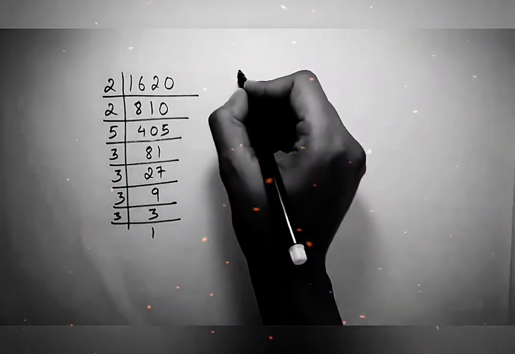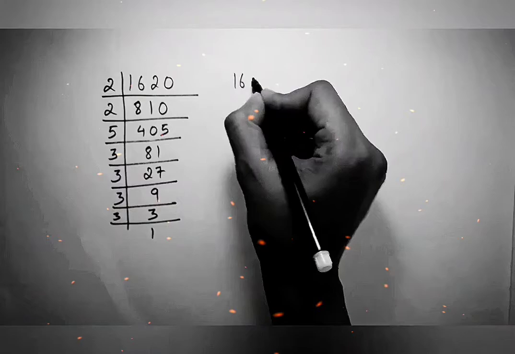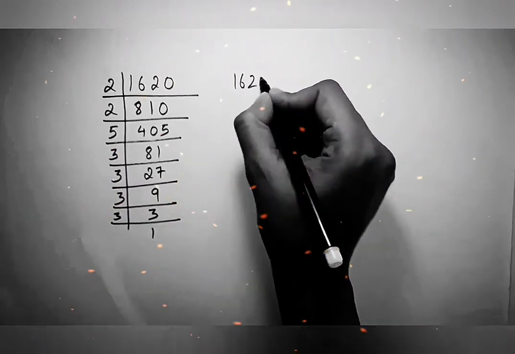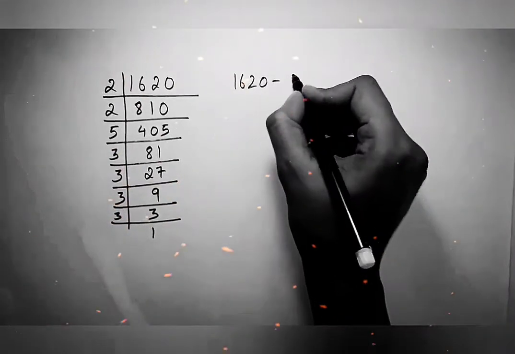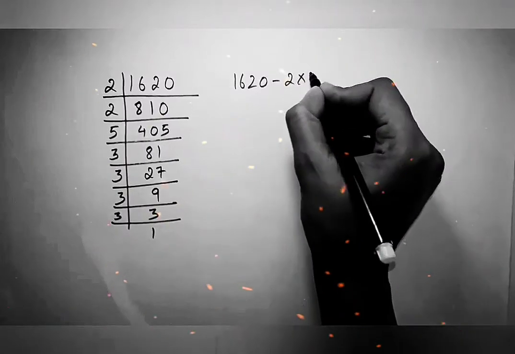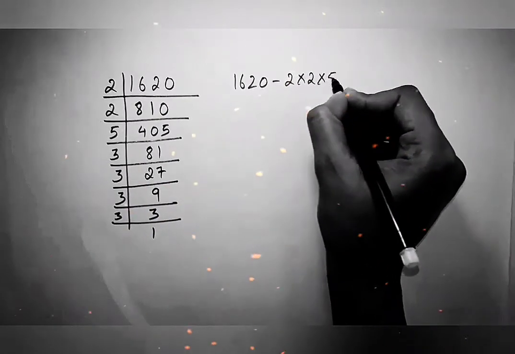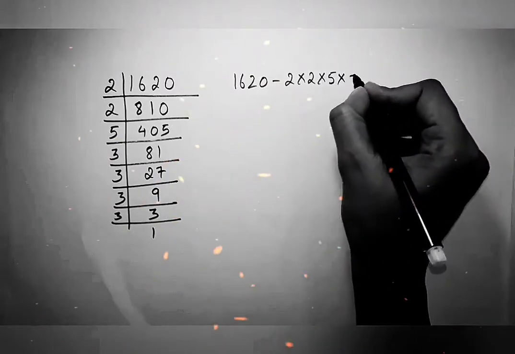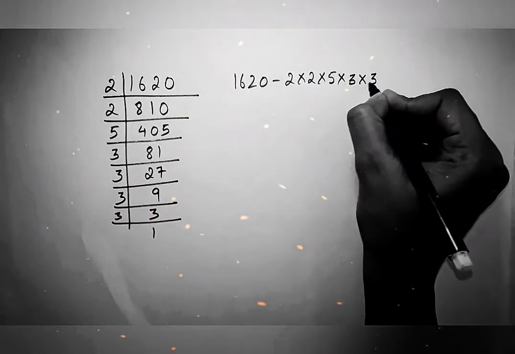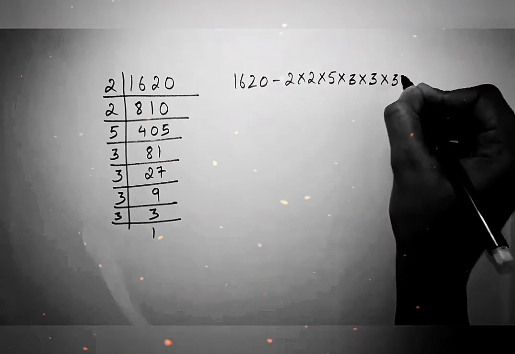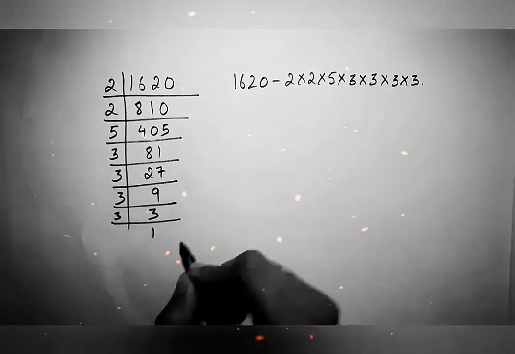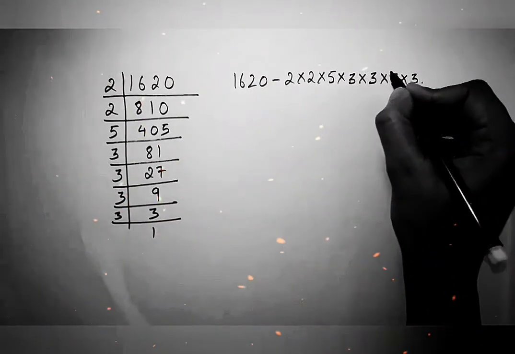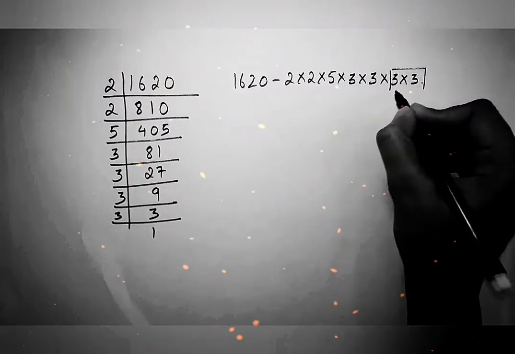Clear? So what are the factors of 1620? The prime factors of 1620 are 2 into 2 into 5. Now if we count the 3's, there are 4. So we will write 4 times 3. So it will be like this. Clear how to do it?